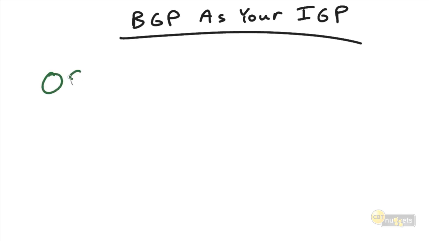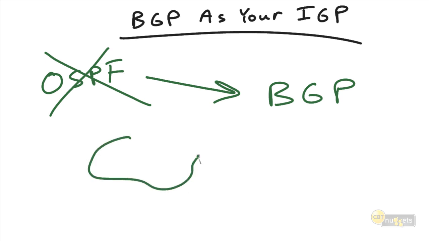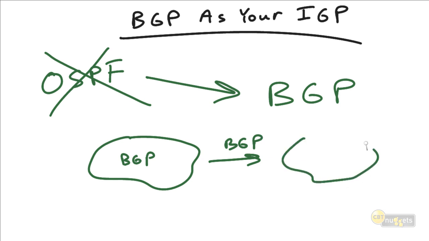They took their existing and poorly designed OSPF infrastructure and they replaced this interior gateway protocol with none other than BGP. That's right. So in their autonomous system, they had BGP running as their IGP, and then they did BGP for traditional BGP purposes to other autonomous systems that, of course, run more traditional IGPs inside of them.